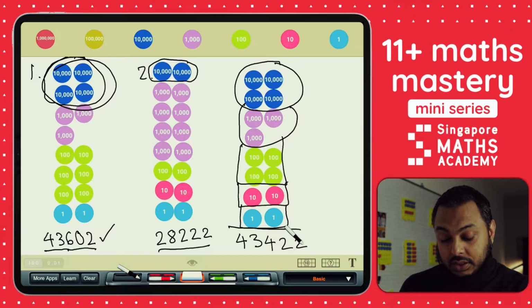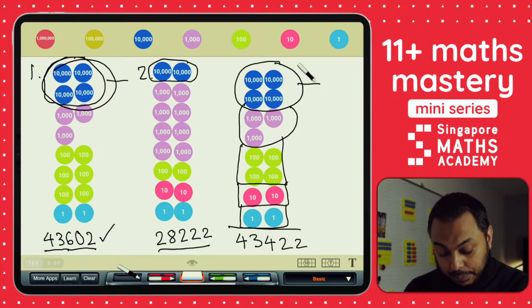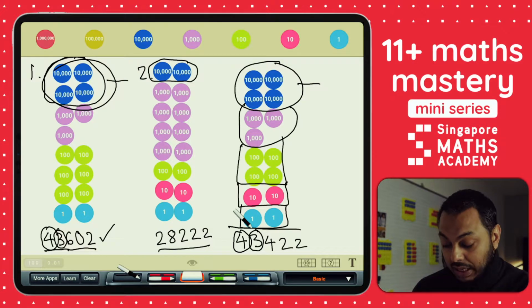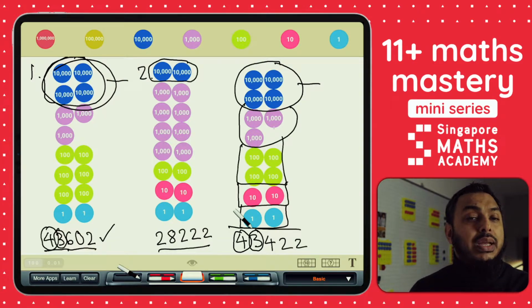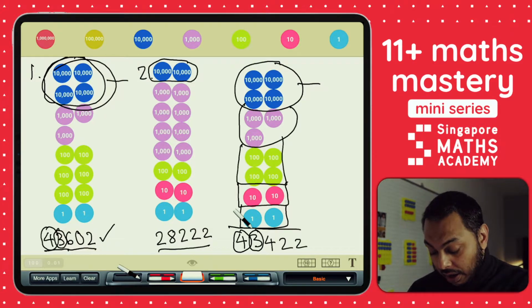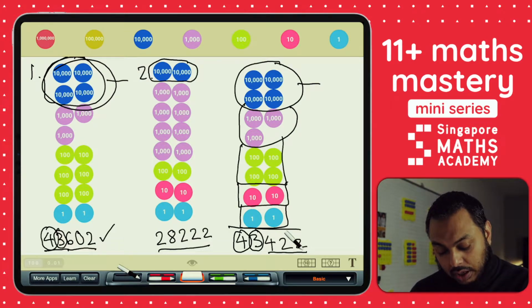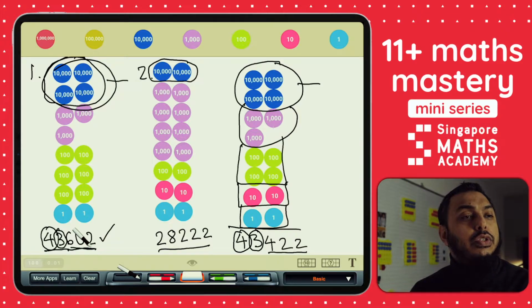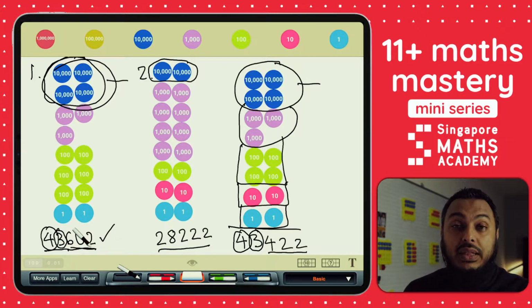The first column, they both have 40,000. The second column, they both have 3,000, 43,000 altogether. And then we can see what happens there. We've got 422 is smaller, right, than 602. So therefore 602 is the greater number, right?